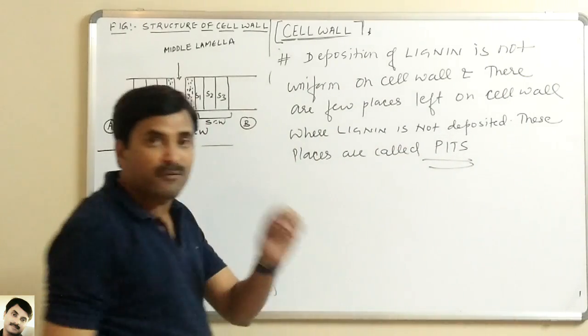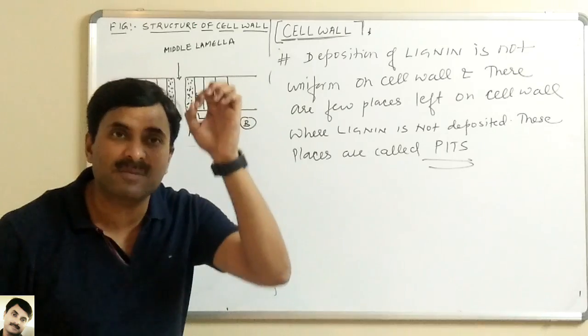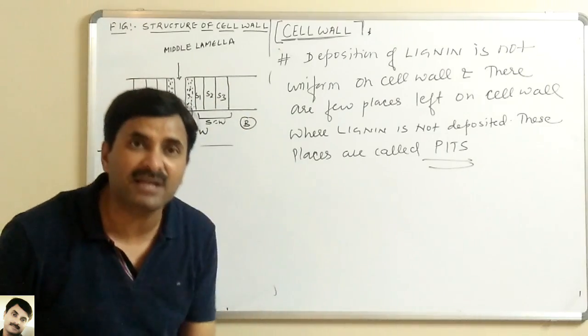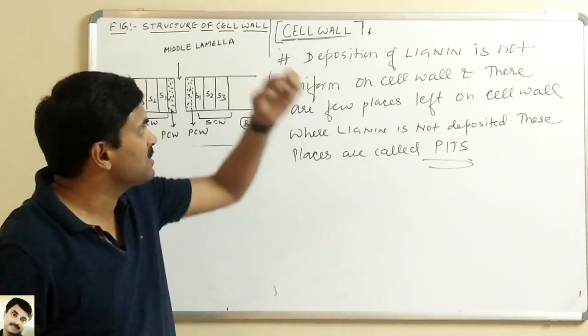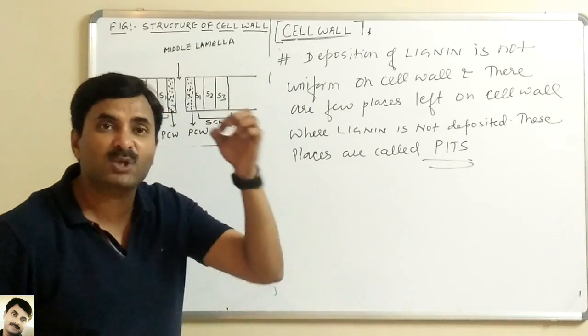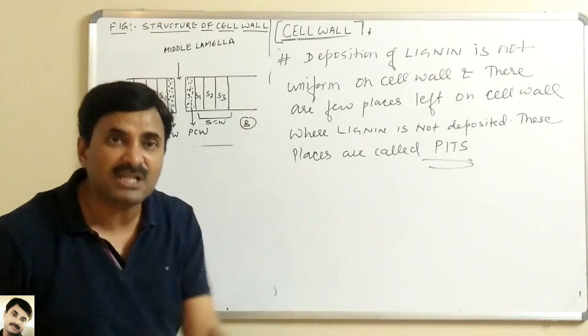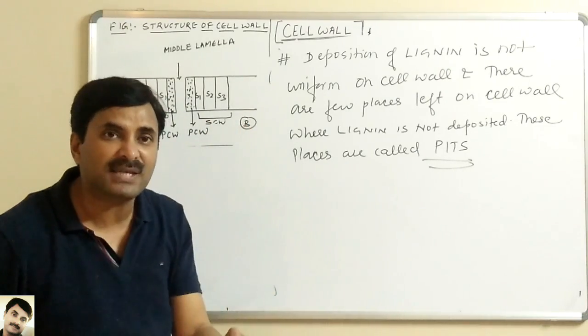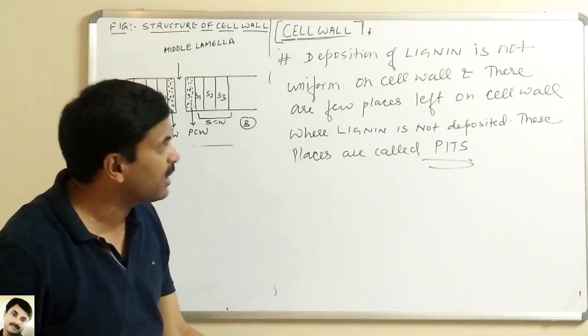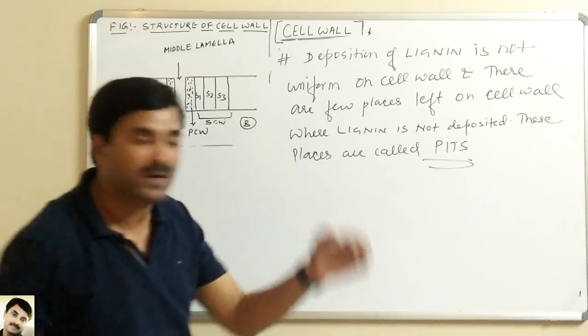Are you getting? We know that on the cell wall lignin is deposited, but I am saying that the lignin deposition on the cell wall is not uniform. There are at least a few places found on the cell wall where the lignin is not deposited. These places are called pits.